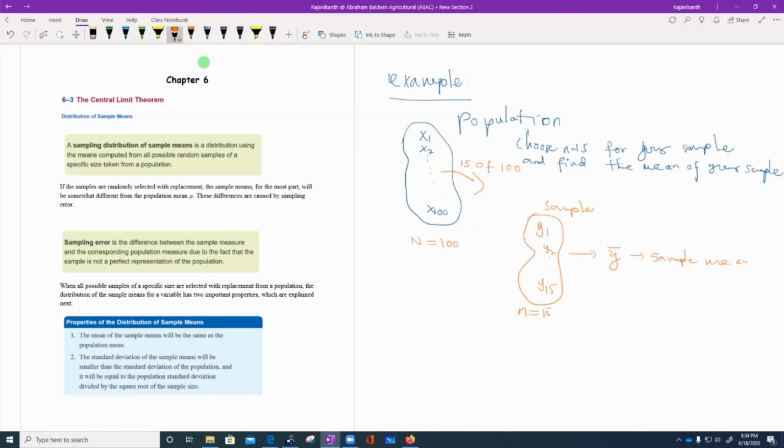Remember, there are so many ways to choose the 15 data values among 100. How many ways could you pick these samples? You could pick in 100 choose 15 ways.